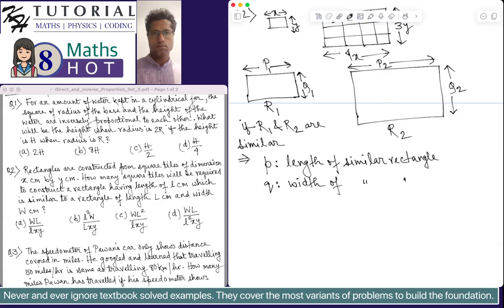So P is representing the length of a similar rectangle and Q is representing the width of similar rectangles. Now if we give different values to P and Q, we will get different rectangles, but remember that all these rectangles are similar. So in that case P and Q will be directly proportional to each other.